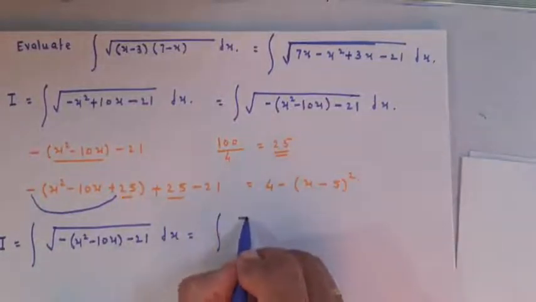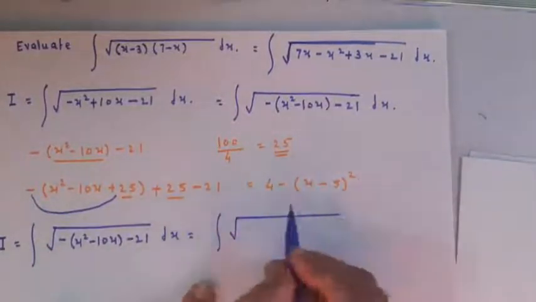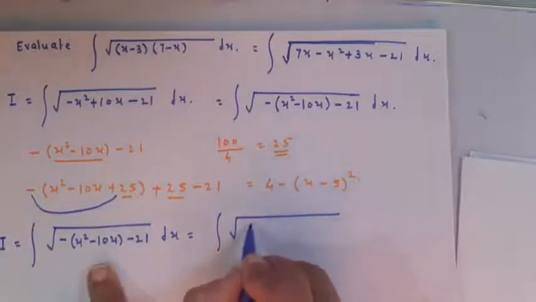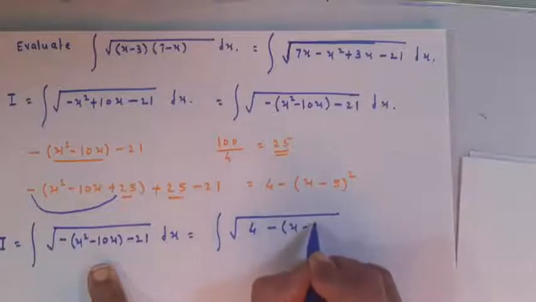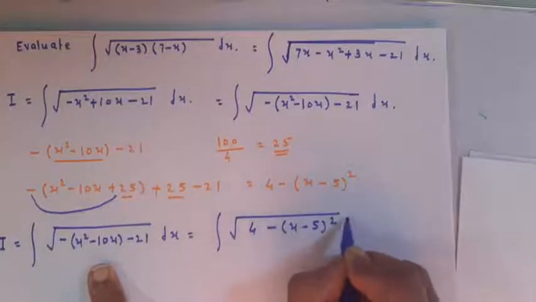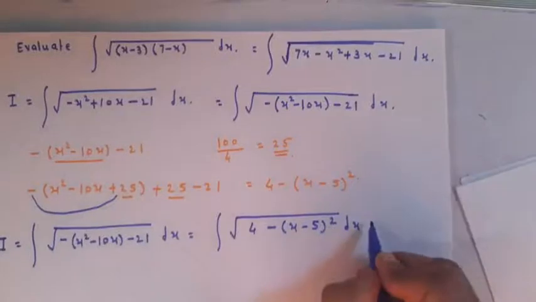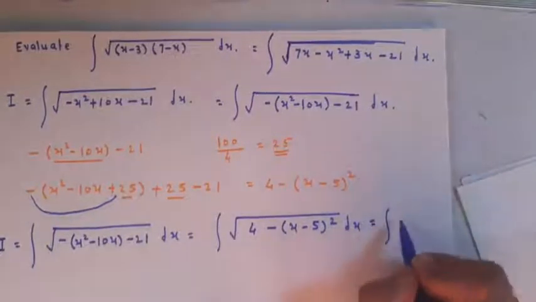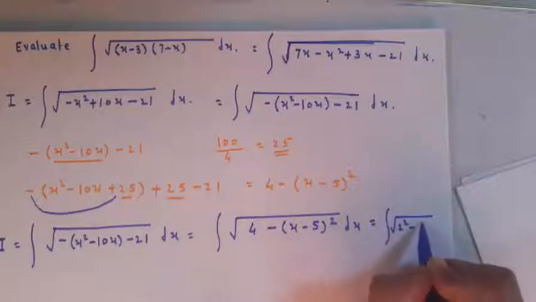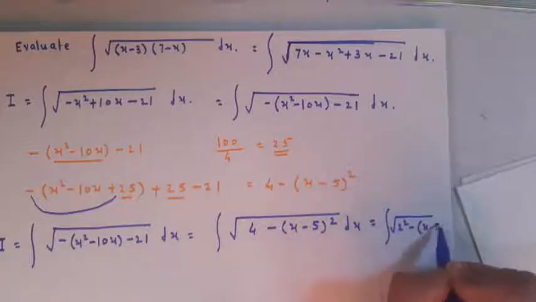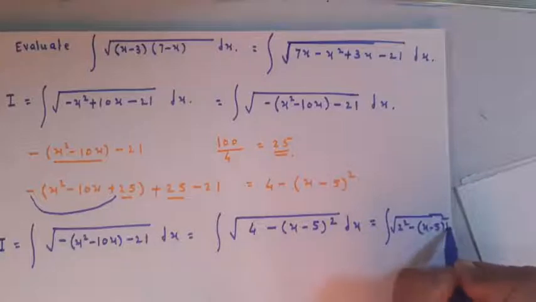By completing the square, we can write the square root of this as 4 minus (x minus 5) whole square with respect to x. That means this is equal to the square root of 2 square minus (x minus 5) whole square with respect to x.